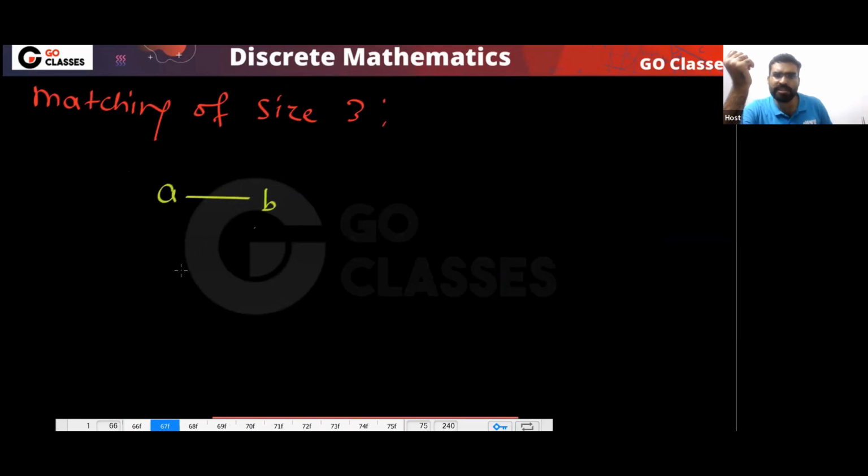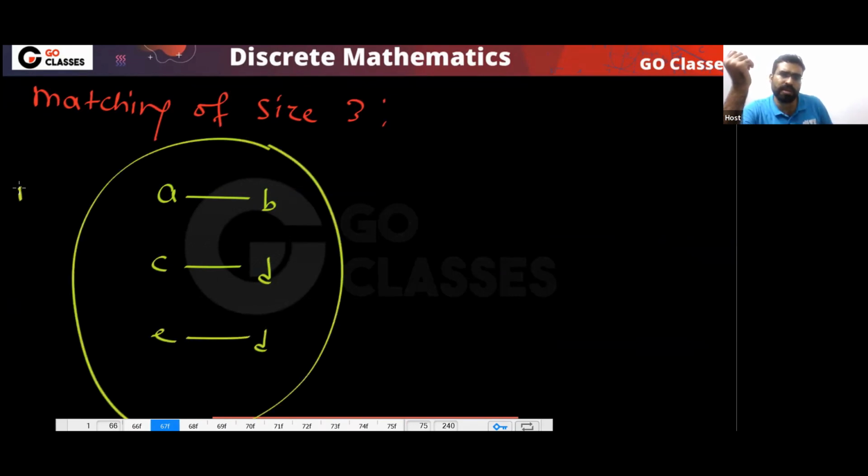It means you have these three edges: A, B, C, D, E, F. This is your matching, correct? Yes or no? So this is your matching.